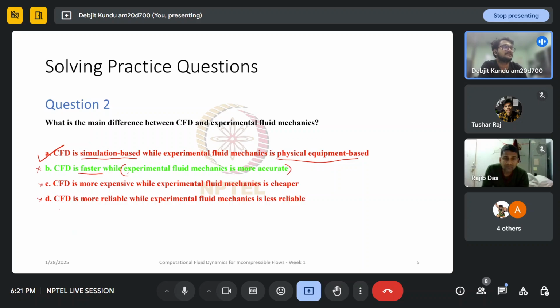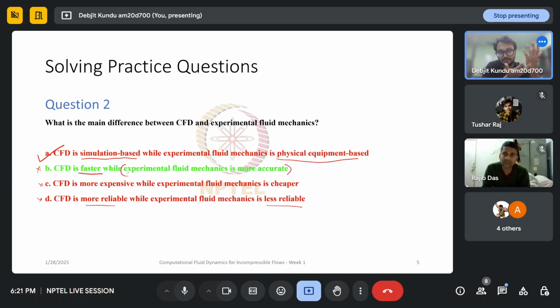Then option D says that CFD is more reliable, whereas experiments are less reliable. Once again, wrong. Your CFD tool or CFD software is only as good as the assumptions that you made while developing it. However good your theory is, CFD is only as good as that. It can't be better than that.